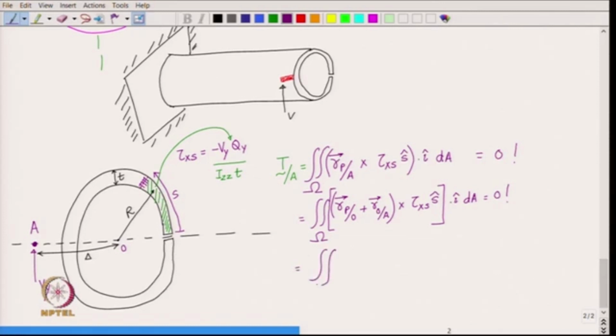Now, what is r P relative to O? So, P is a point here, right, P is a point over here. So, r P relative to O is simply a radial line, correct. So, that is your radius small r e r.